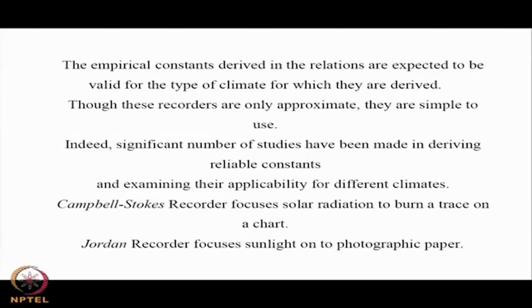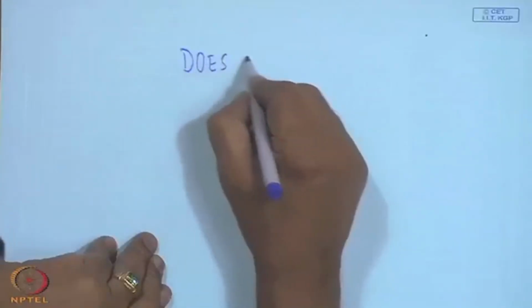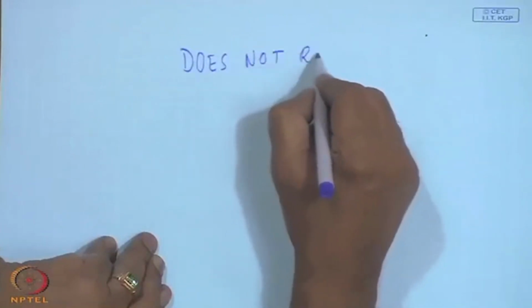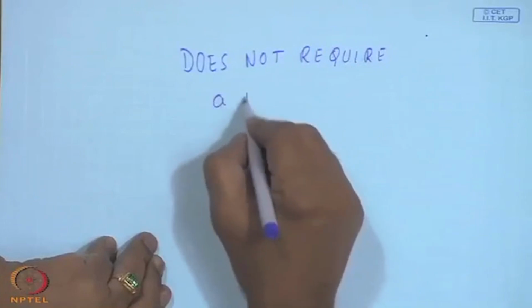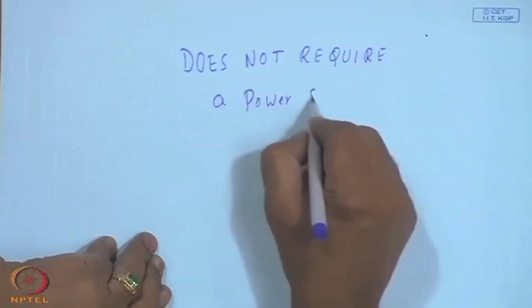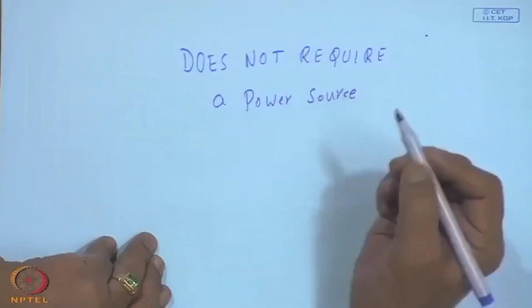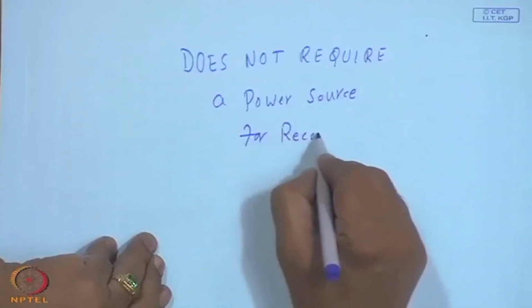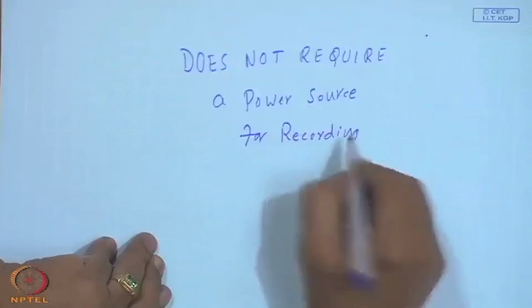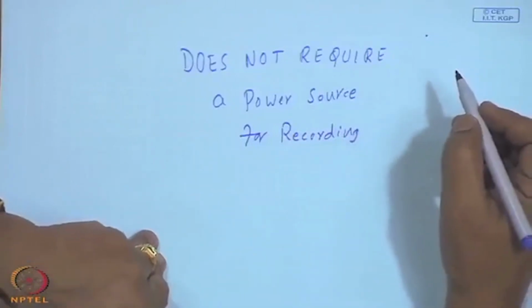And another advantage is, this does not require a power source for recording. For example, if you have a pyrheliometer or pyranometer, the solar radiation needs to be continuously recorded.